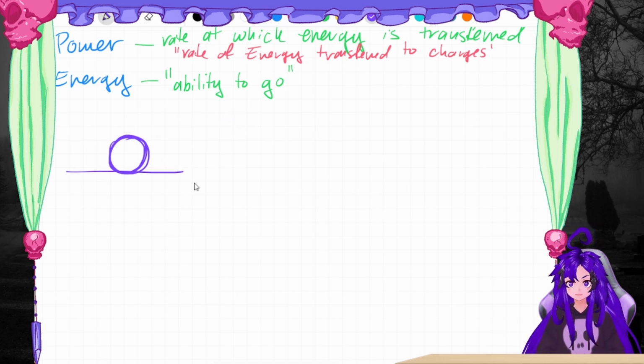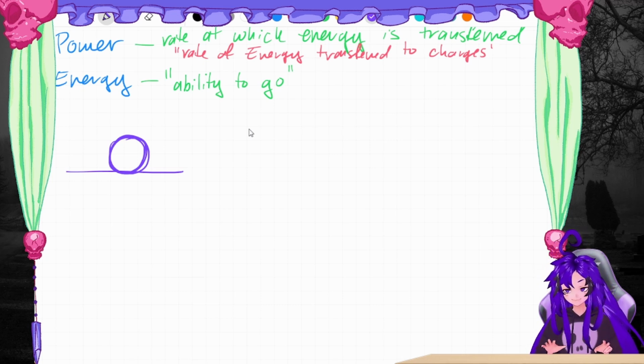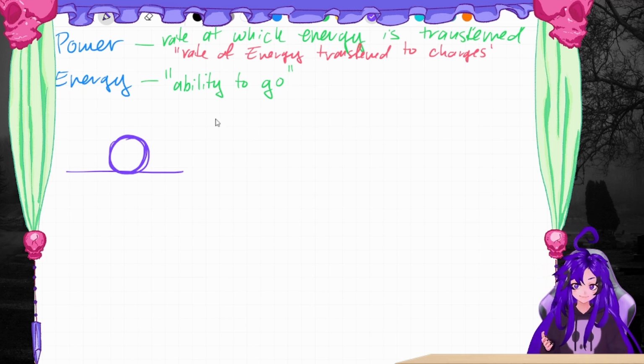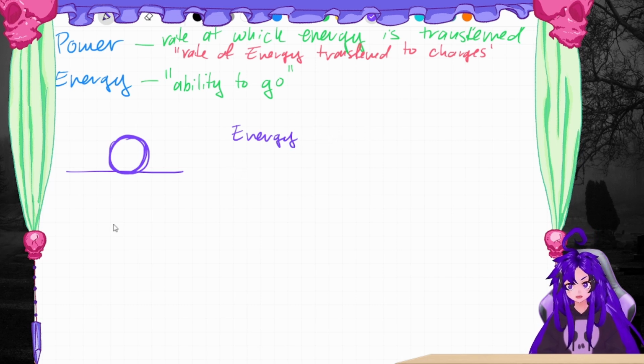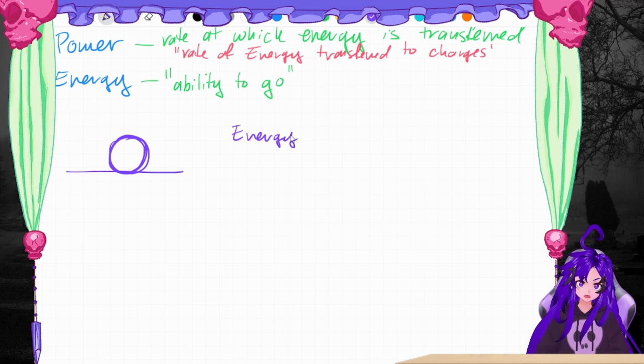So in Newtonian physics, that's kind of where we start, because you can see it. So things have intrinsic energy, and that energy might make them go, or it might be stored up ready to go. But once things are going, we have power.